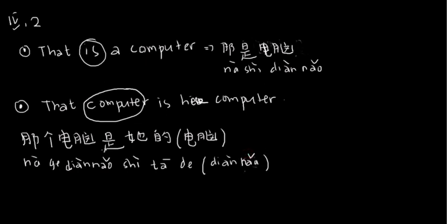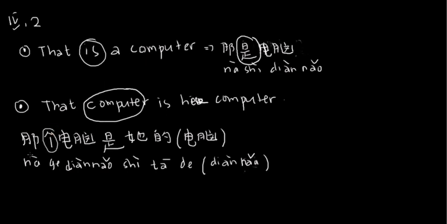Now, okay. So just remember, if you make a sentence with a pointer followed by an auxiliary verb, then you just write the pointer plus 是. This is a computer, so you write it; that is a computer, so you write 那是电脑. However, if you construct a sentence where the noun comes after the pointer, you cannot just directly put 是 after the 那, the pointer, you have to put 个 in between.